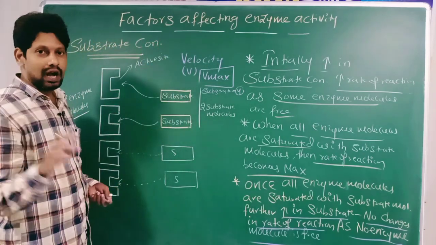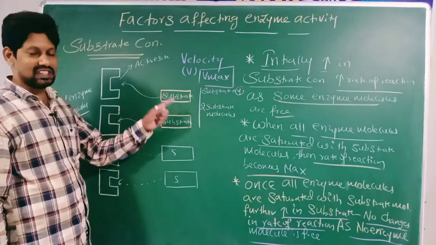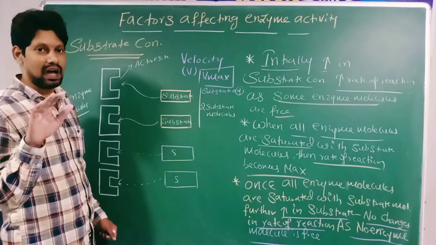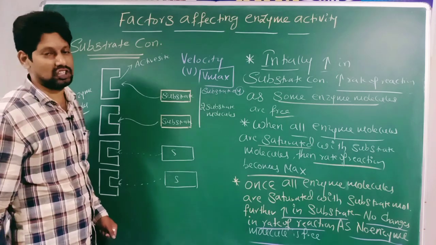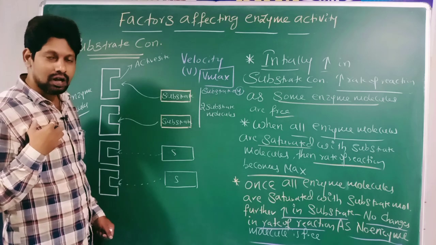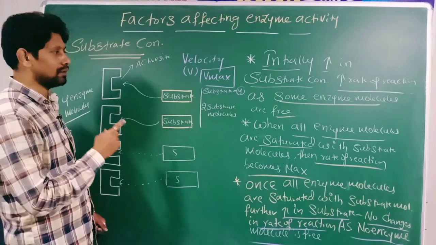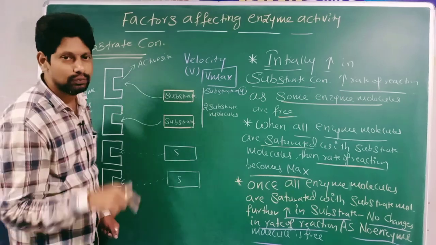Suppose I don't want a maximum rate of reaction. I want only half of the maximum rate of reaction. Then how many substrate molecules do I need? Only 2.